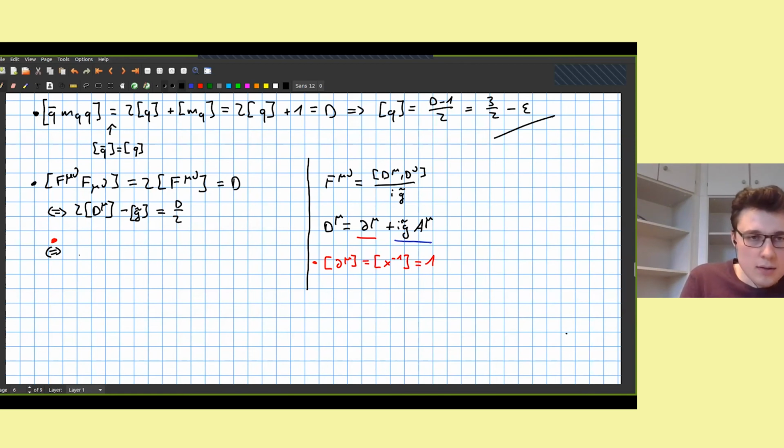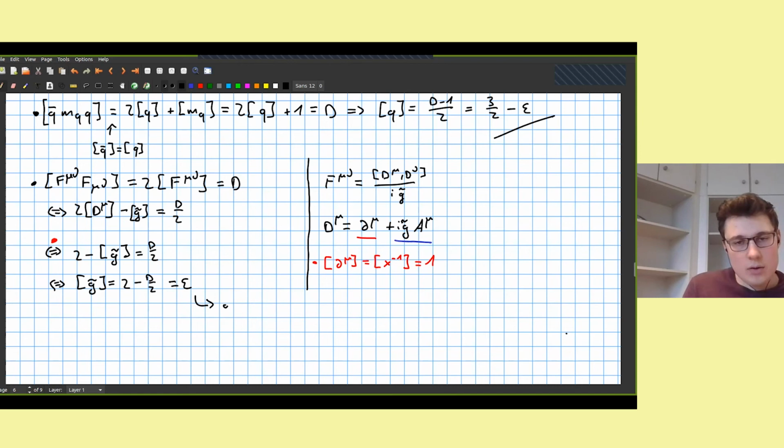So this gives us 2 minus the mass dimension of g twiddle is equal to d over 2. And this means that the mass dimension of the generalized coupling is equal to, well, that's easy, 2 minus d over 2. And thus, this is nothing else but epsilon. Okay. And this is also what Marcus gave you in the lecture.